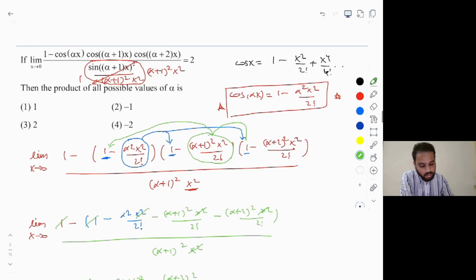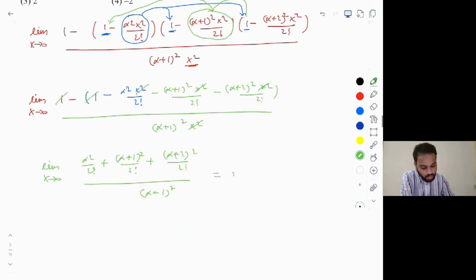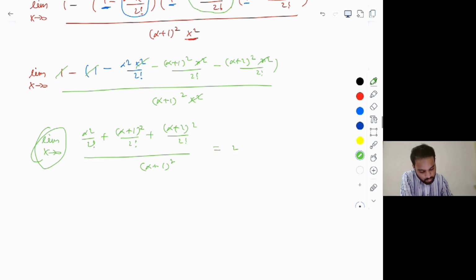And moreover, this limit value is given as 2 here. Now, we can remove this limit directly because this is completely a constant term, right? So let's expand and cross multiply: alpha square plus (alpha plus 1) whole square plus (alpha plus 2) whole square will be equal to 2 into (alpha plus 1) whole square.